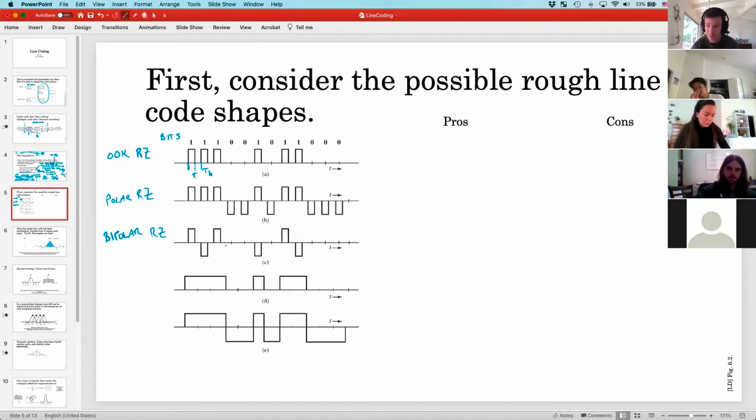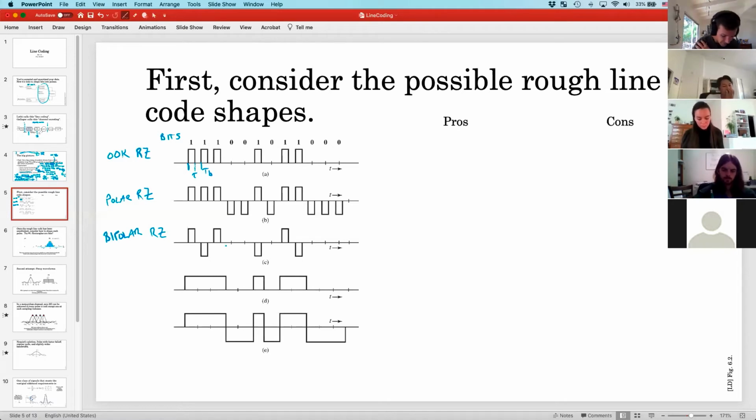And if it's a 0, don't do anything. What would you have to do? You'd have to remember what you sent the last 1 as, and then do the opposite thing when the next 1 comes along. It's harder to say in English than it would be to code, but it would require some memory, whereas the other ones don't require any memory.